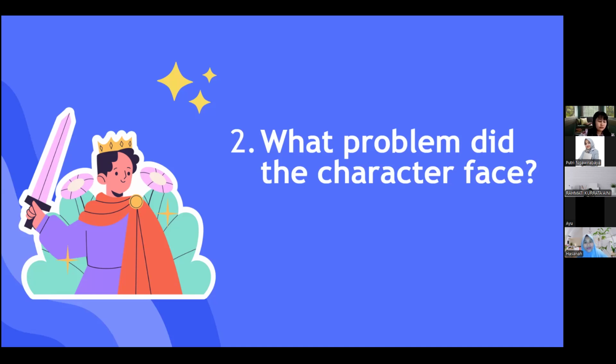The fisherman faced a problem because his wife was very greedy, asking for more and more from the golden fish, which caused trouble. Okay, very good. The problem the character faced is that his wife was very greedy, or tamak, yes. So, his wife Vanita. Okay, next.